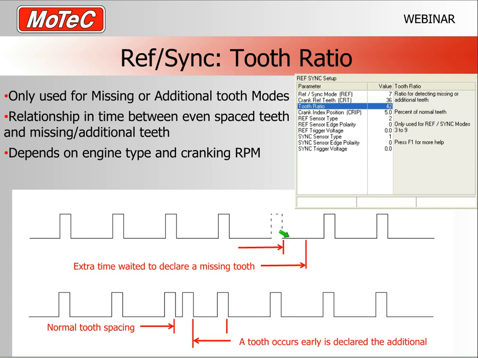It's a similar idea to the lower one with the additional tooth, but this time we're basically saying that the tooth comes less than 42% too early than what the ECU would expect for the normally spaced teeth. So it's just a way of the ECU deciphering whether it's actually seen these additional or missing teeth.